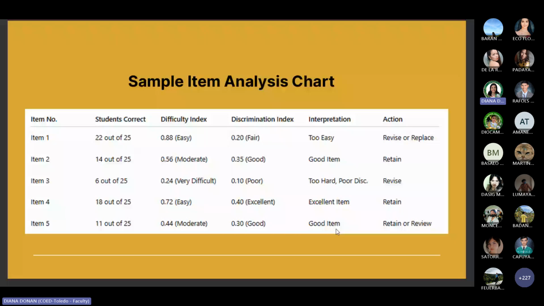The difficulty index is 0.24, meaning that question is very hard. So the discrimination index is 0.10, which is poor. So we interpret it as too difficult or not useful. So our action is to revise or improve it.